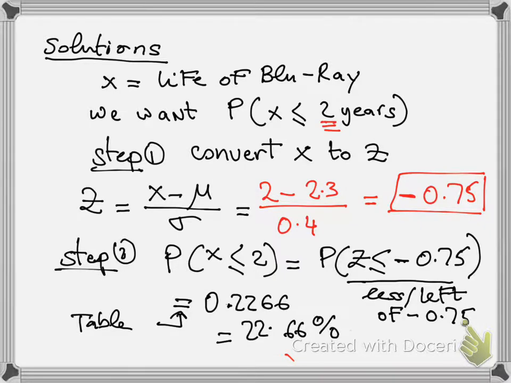So the probability that the Blu-ray player will break down during the guarantee period of 2 years is about 22%. That's how we use the table and the z-score to find probabilities.